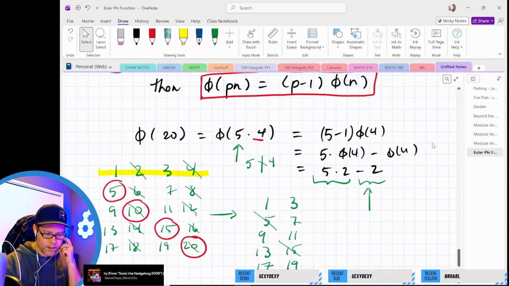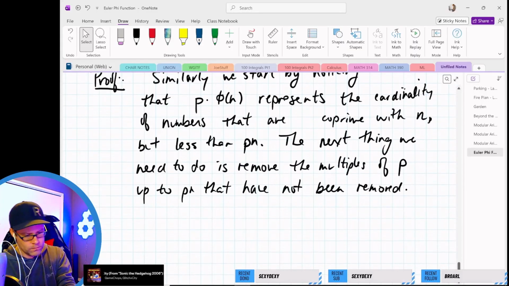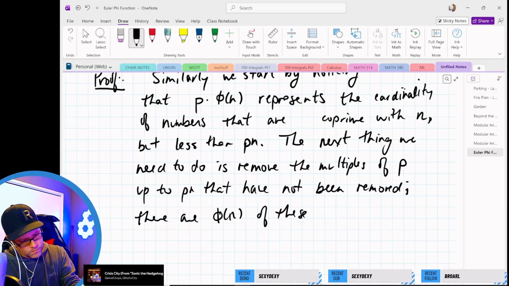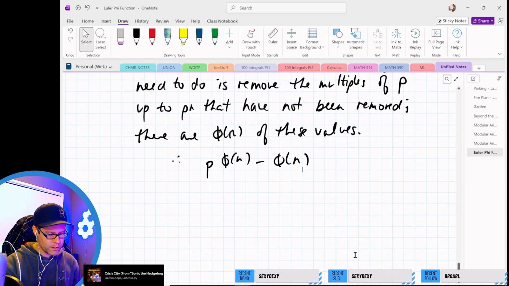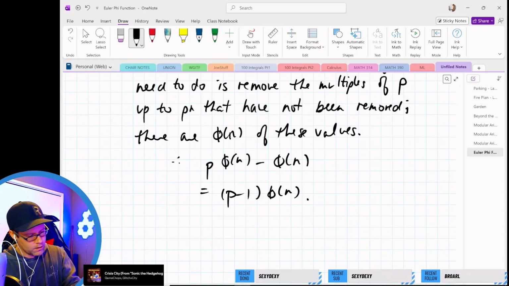And the formula is saying there's exactly phi of n of those. So what we do is we create our array, subtract off those remaining multiples of p that we need to get rid of, and we're left with the formula in question, which is p minus 1 times phi of n.